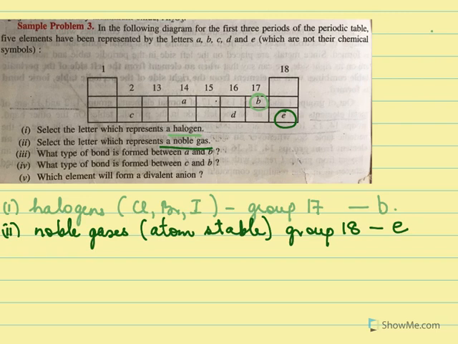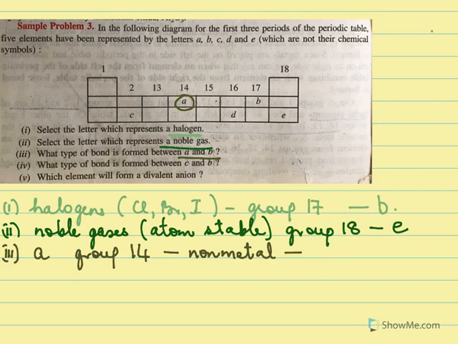What type of bond is formed between A and B? Third one. Now A is in group 14, and if it is in group 14, it is a non-metal. And if it is a non-metal, it means it gains electrons.